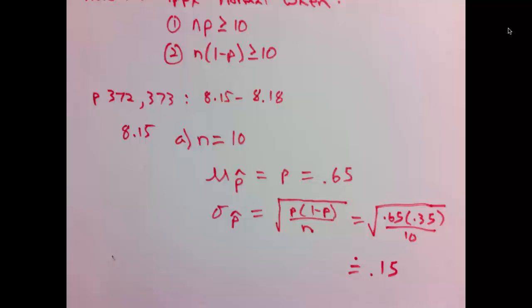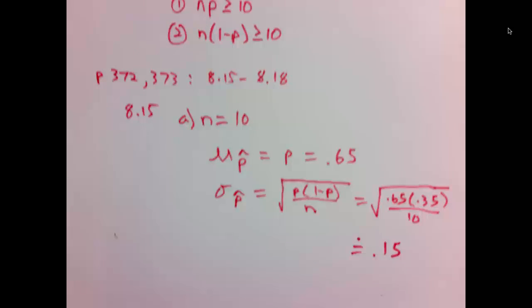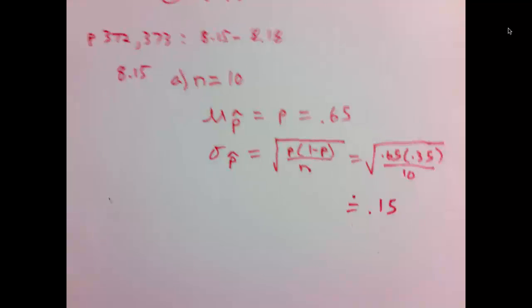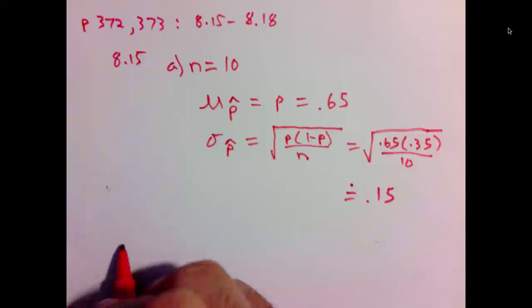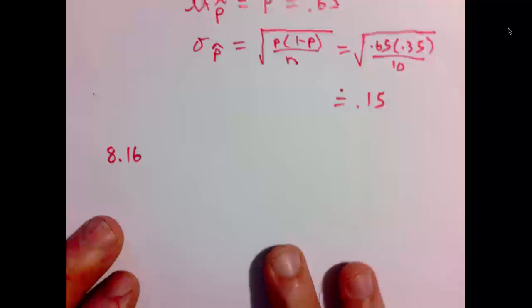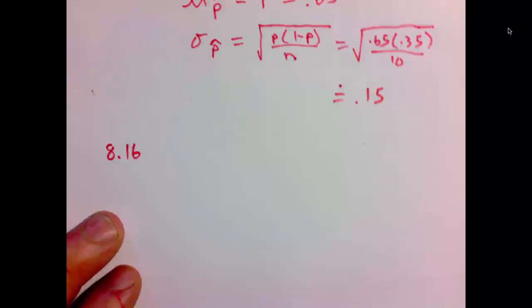Okay, I'm going to go on and look at 8.16 now. It says, for which of the sample sizes given in the previous exercise would you expect the sampling distribution of p hat to be normal?